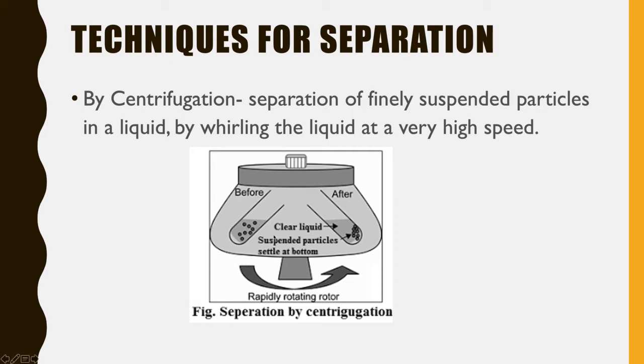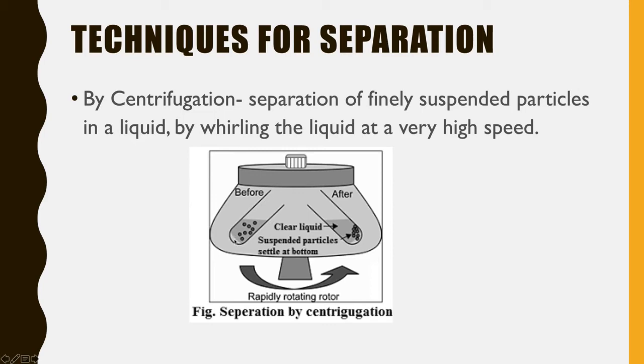What you can do is put the clear liquid, with the particles suspended inside it. So what will happen? This machine will rotate very fast. When the machine rotates very fast, the suspended particles will come down to the bottom of the tube.